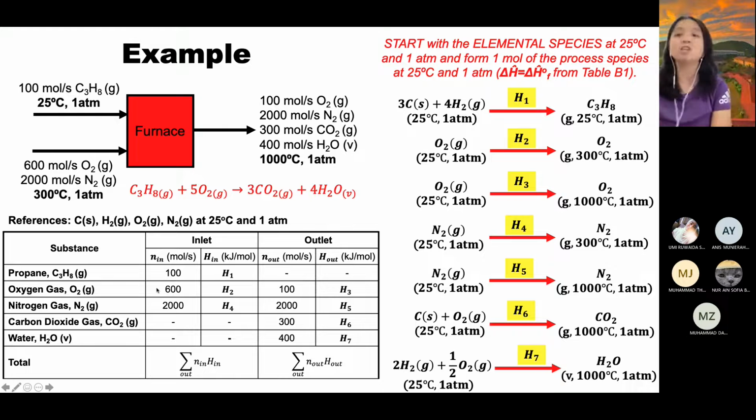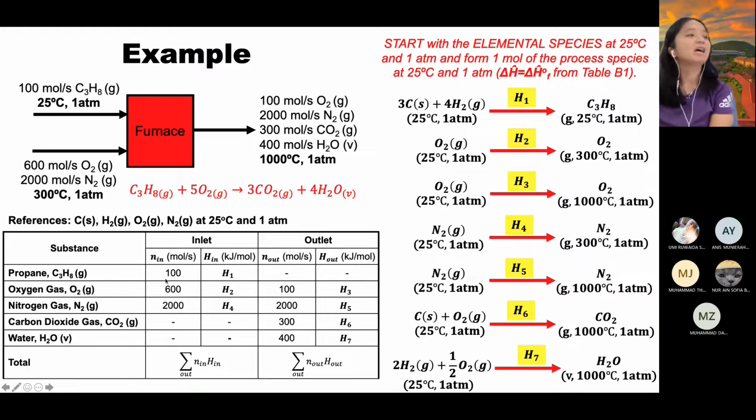For example, okay, let me explain the table. Again, if a compound exists in different phases, it has its own row. It so happens in this case that everything exists in only one phase: propane gas, oxygen gas, nitrogen gas, carbon dioxide, and water.